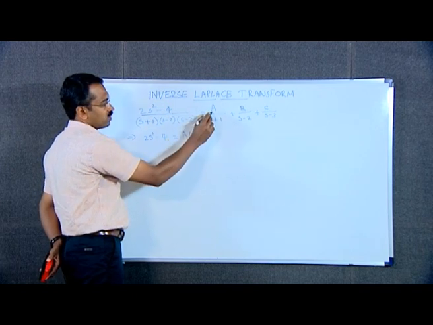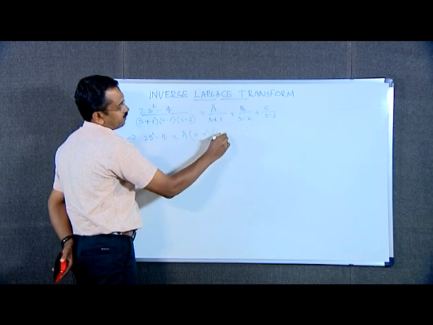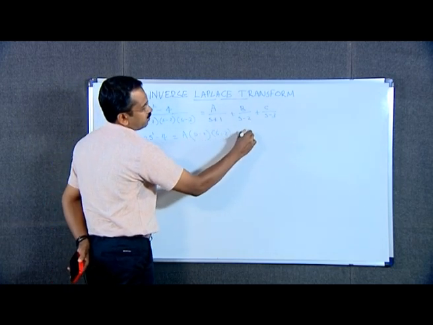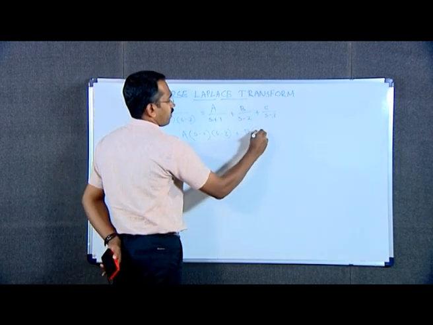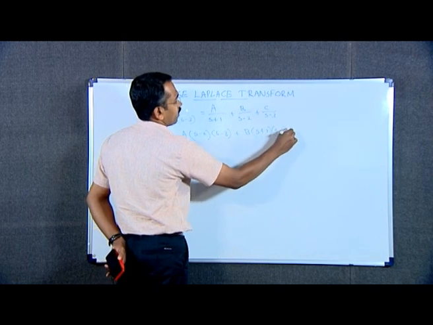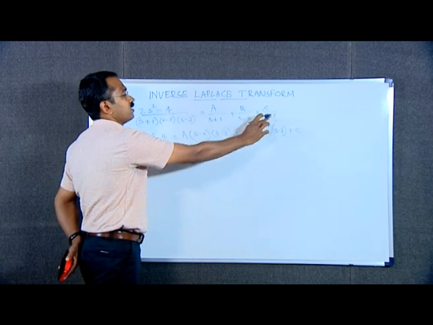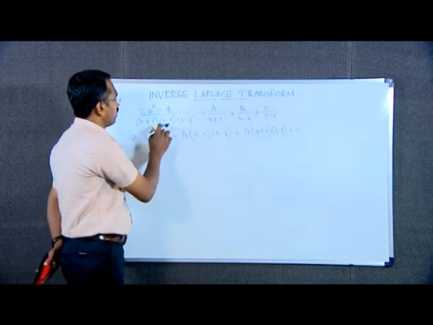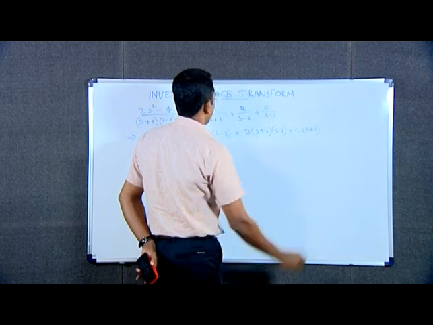The remaining terms are a into s minus 2 into s minus 3, plus b into, here s minus 2 cancelled, s plus 1 into s minus 3, plus c into, s minus 3 will be cancelled, s plus 1 into s minus 2.